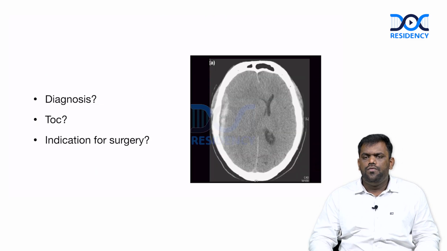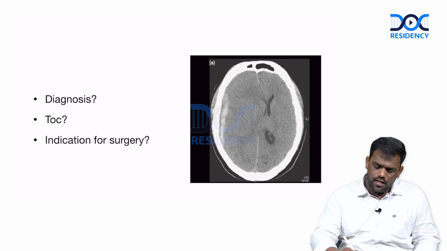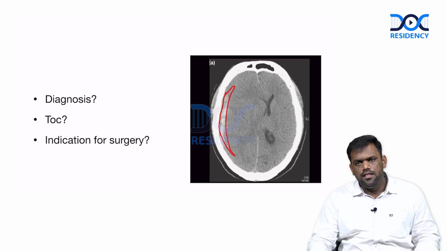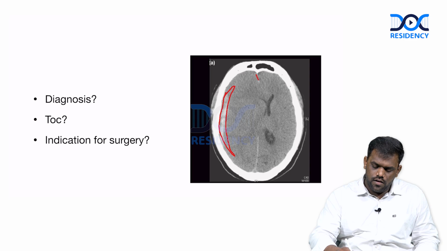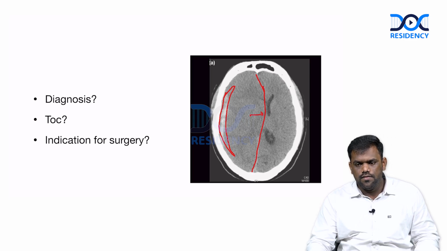Suppose the next scenario: the patient is coming like this, and the CT scan shows a concavo-convex, semilunar shaped, hyperdense lesion in the CT scan of a head injury patient. It also shows a progressive midline shift, the midline is shifted, and the cisterns and sulci are also effaced.